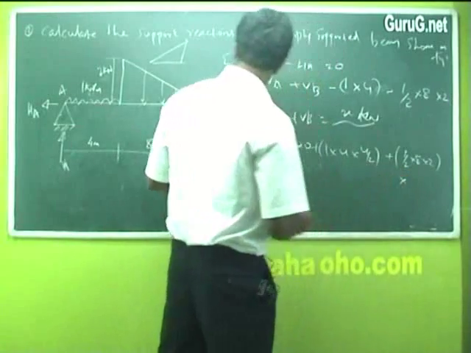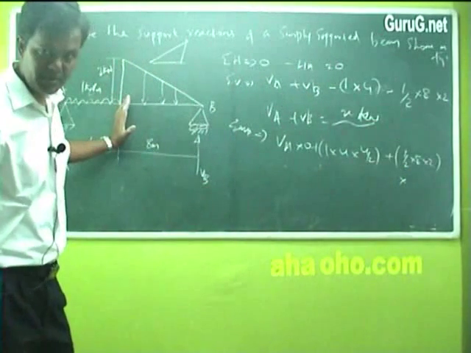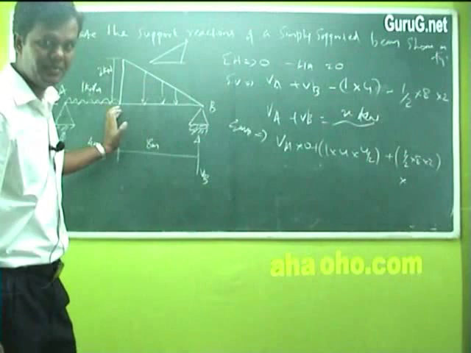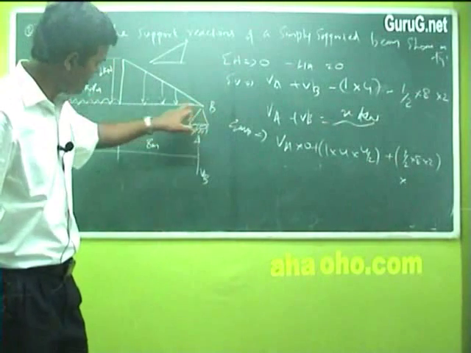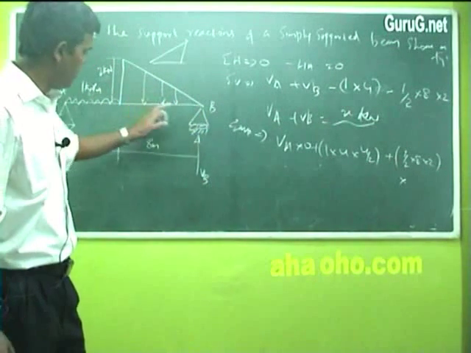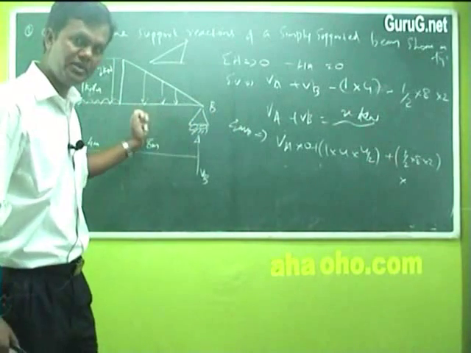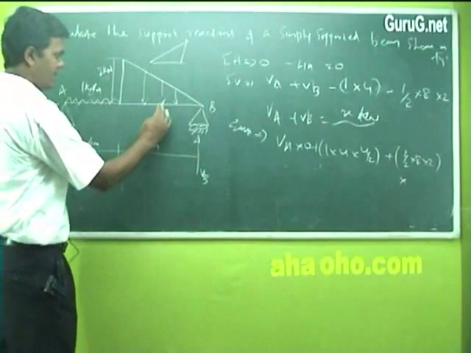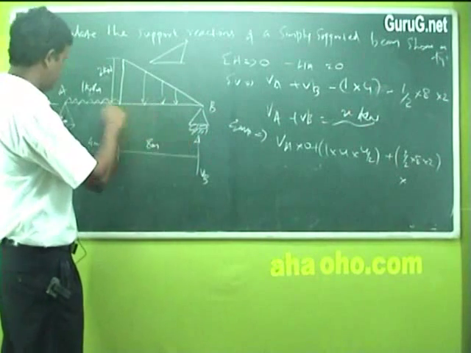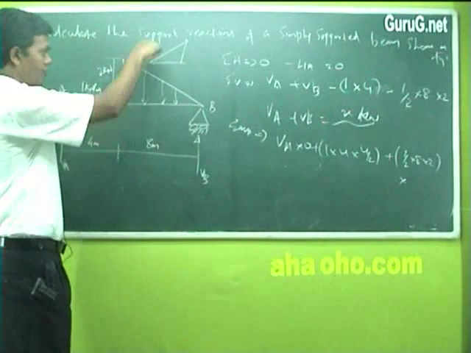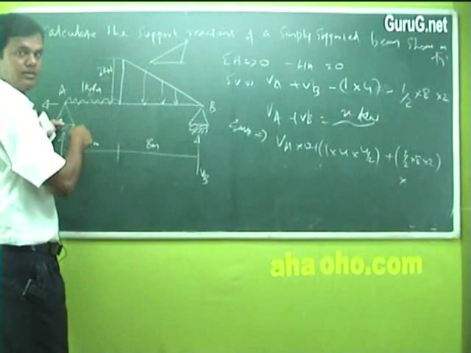Distance is, if you are calculating from the bigger end of the triangle, you should write it as 1 by 3 into L. Or from the smaller end of the triangle, it is 2 by 3 into L. We need to neglect this portion only, because the moment is about point A. The force is acting here, clockwise. Right?